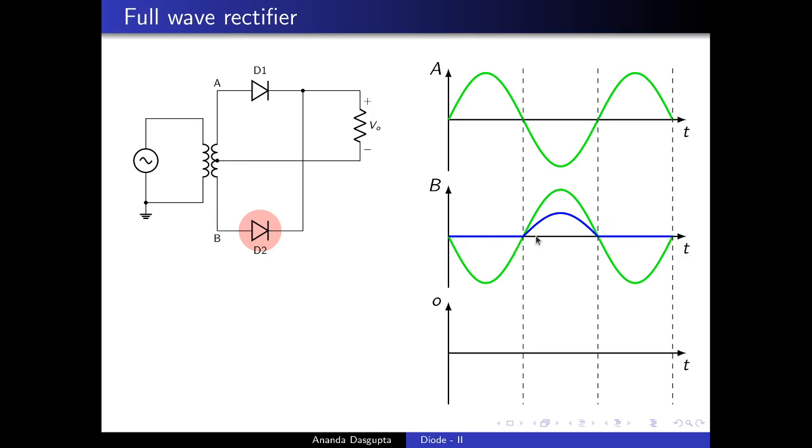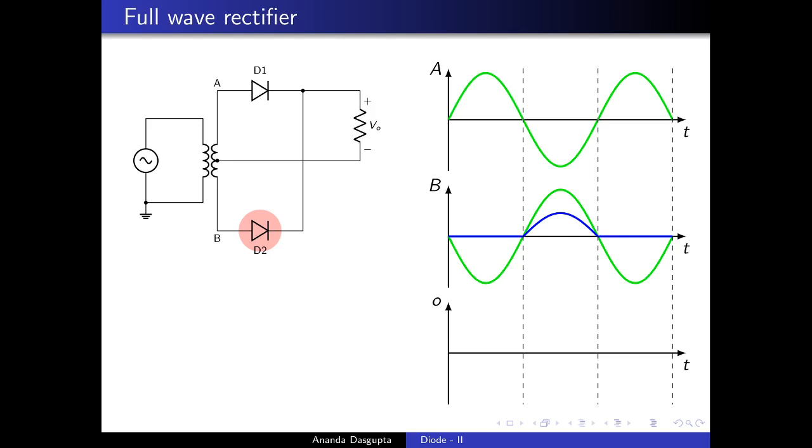But in this half of the cycle, if the voltage at B goes positive with respect to the center tap, and B is again connected through the resistance to the center tap, you are going to get a current. And if we assume that the two diodes are identical, and since the resistance R is the same in both cases, the current will be the same as in the previous half cycle through the diode D1.